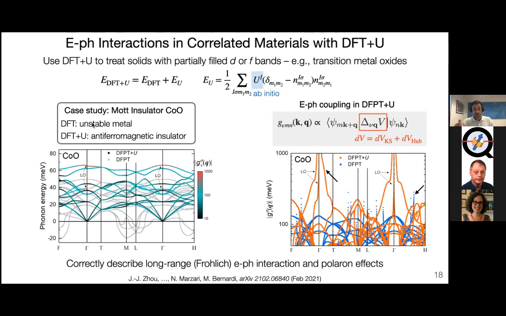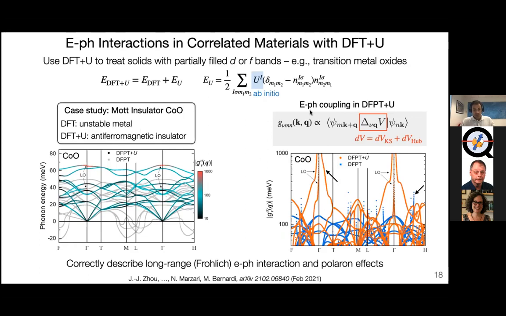DFT usually cannot describe Mott insulators very well. If you add the Hubbard-U term, which now turns on the local repulsion at the cobalt atoms, DFT plus U can correctly describe the ground state of this material to be an anti-ferromagnetic insulator. And you see in this level of theory now, all the phonon modes are stable.